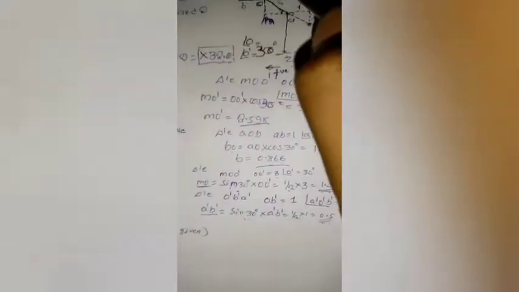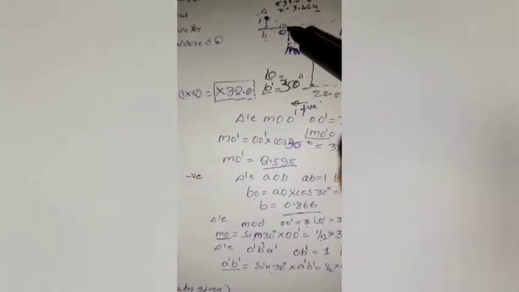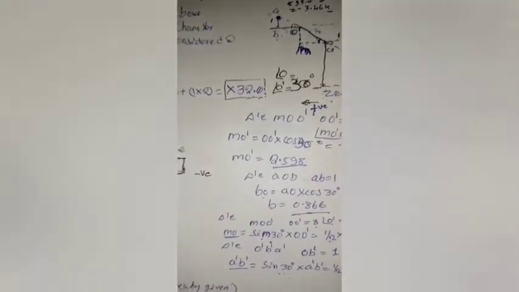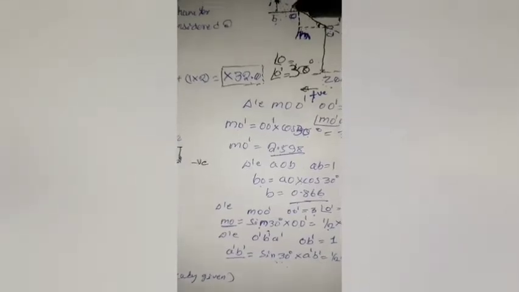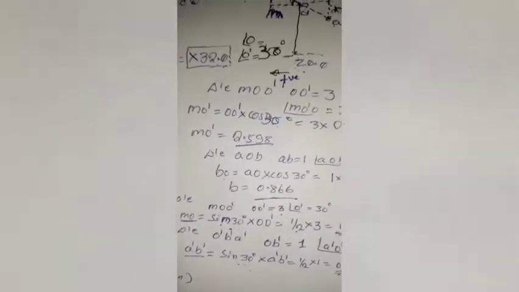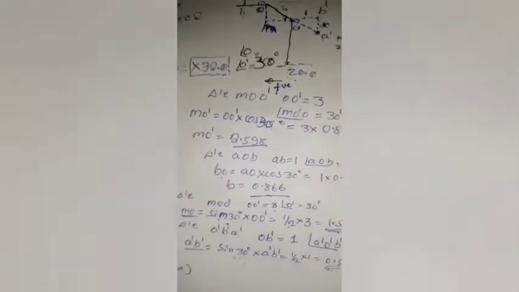Similarly, OB is required, in the upper triangle. Already we know the value of 1. This line has been extended, and already we know the value of this angle. This angle remains same because alternate angles are same here, as we have extended this line. So I have to find out OB.